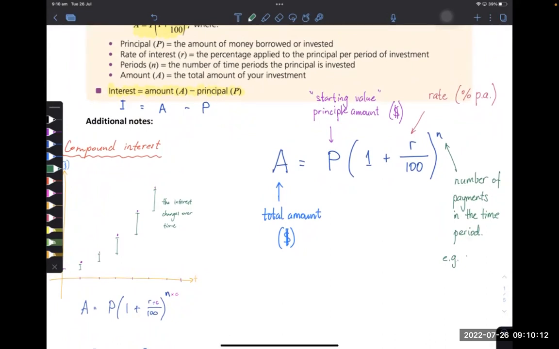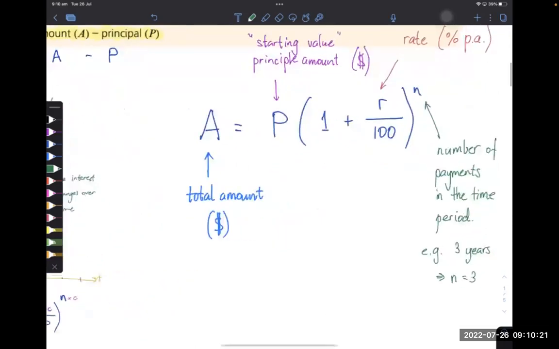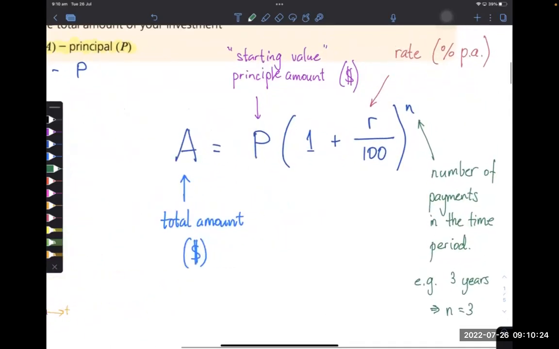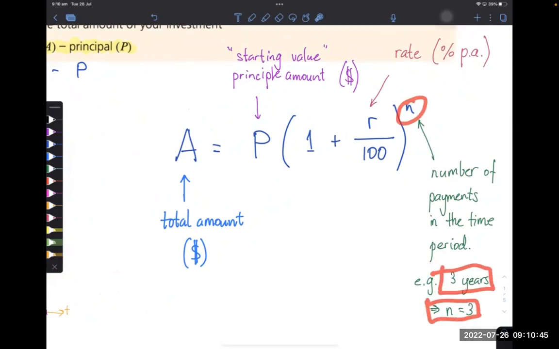If we're talking about 3 years, then this means that N will equal 3. So I'll just zoom in here a bit so you can see a bit more easily. So if we talk about 3 years, N equals 3.